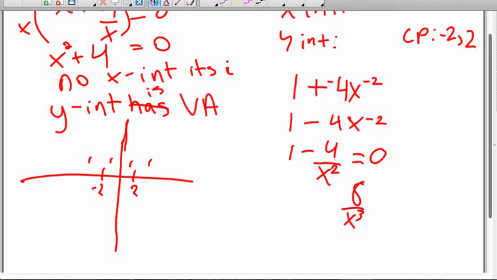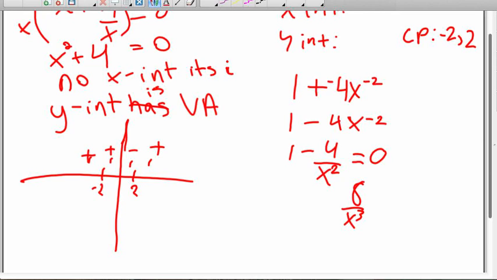For 3, 3 squared is 9, minus 4 is positive. For negative 1, 1 minus 4 is negative. And negative 3 squared is 9 minus 4 is positive.